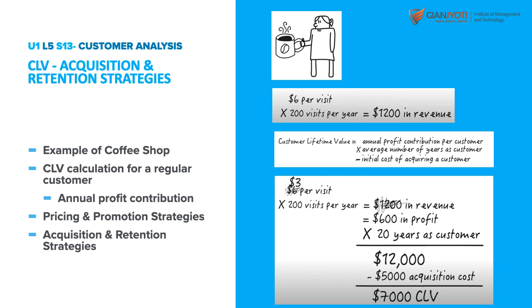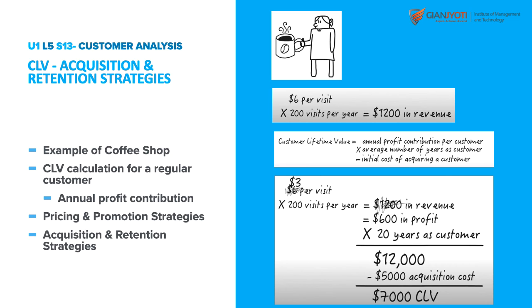So minus the acquisition cost, in order to acquire this customer, you have spent money on different strategies. So that is 5,000 as the acquisition cost. So the CLV for this 5-star regular, loyal customer is 7,000. So that is how you calculate the CLV.